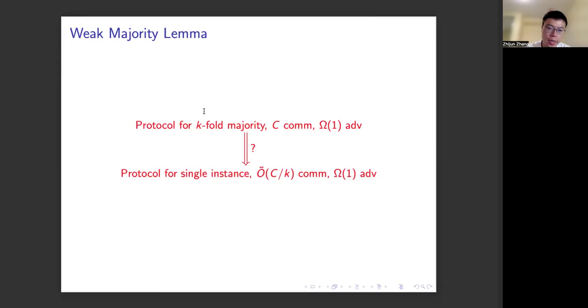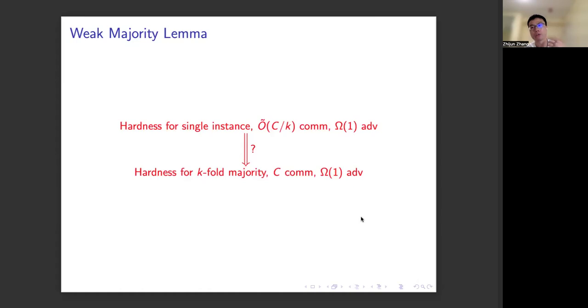At the end of the chain of reductions, we get another protocol for computing a single instance with roughly c over k computation and also constant advantage. So we can see this is essentially a very weak majority lemma. I'm saying weak because we're only getting constant advantage here instead of 1 over root k or even 1 over polynomial or exponential in k.